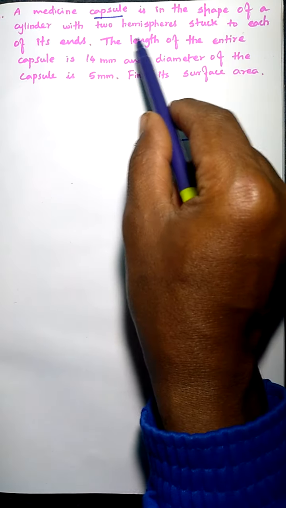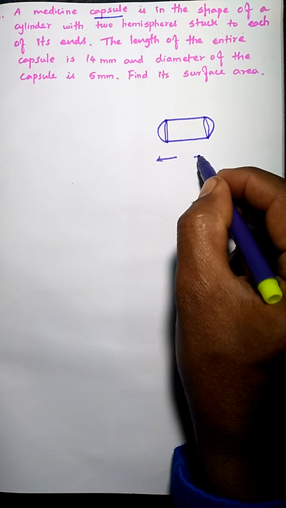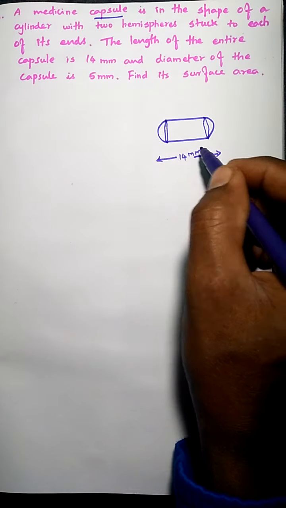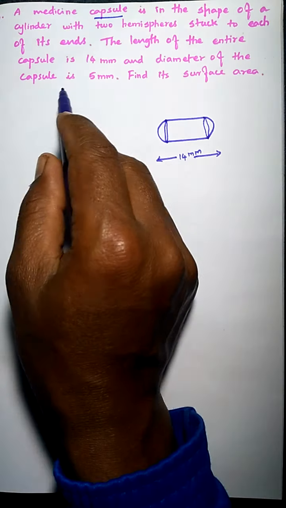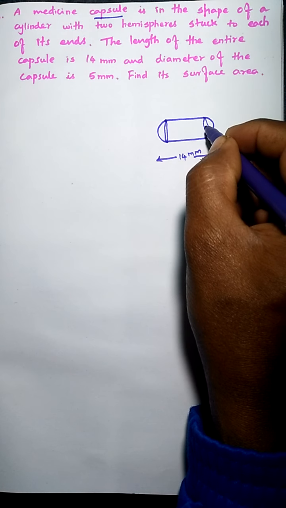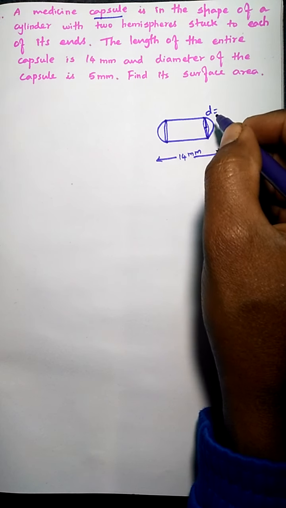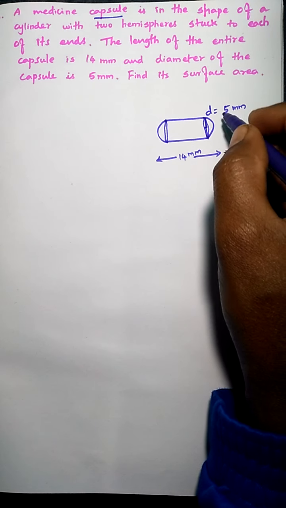Now it is given that the length of the entire capsule, the total length, is 14 millimeter. Then the diameter of the capsule, from here to here, is given as 5 millimeter. Then what will be the radius?